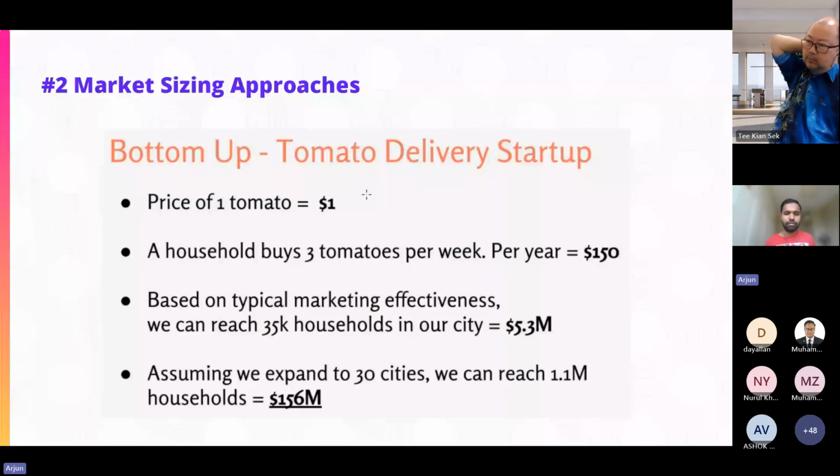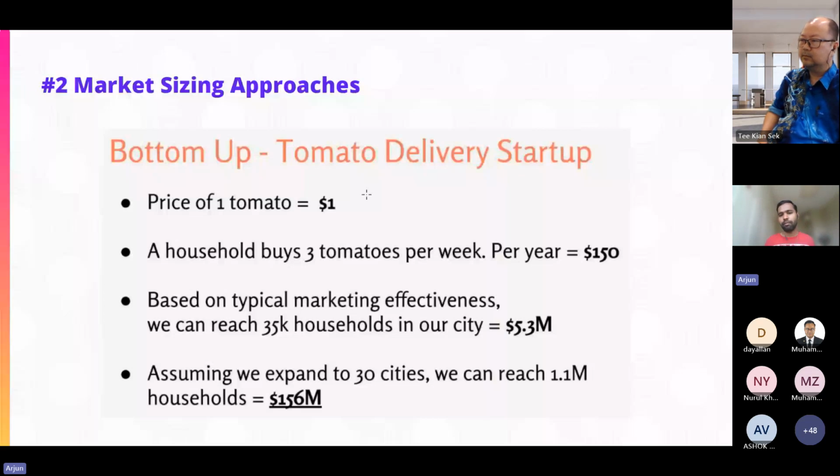So let's see a small example of how we do the bottom up market sizing. This is for a fictional tomato delivery startup company. The price of one tomato is $1. Based on your validation, your research with different households, you come up with the conclusion that, okay, every household buys at least 3 tomatoes per week.